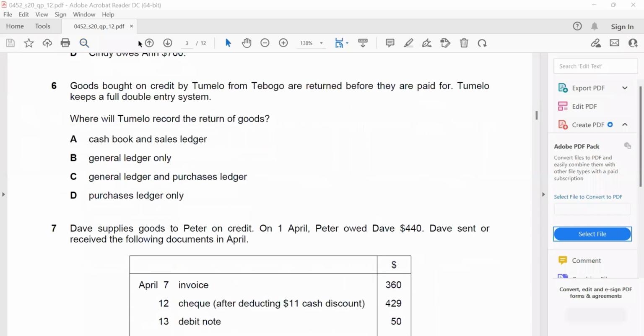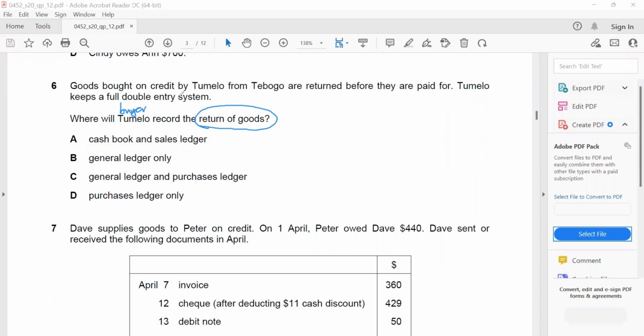Okay, question 6. Goods bought on credit by To Milo from Tibogo are returned before they are paid for. To Milo keeps a full double entry. Where will To Milo record the return of the goods? So goods bought on credit by To Milo. To Milo is a buyer.